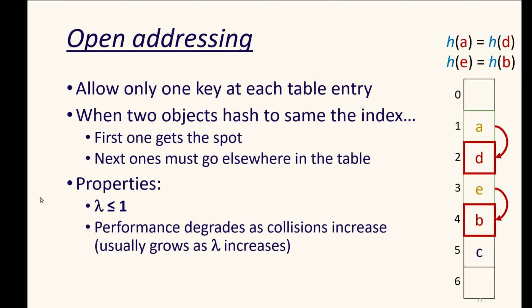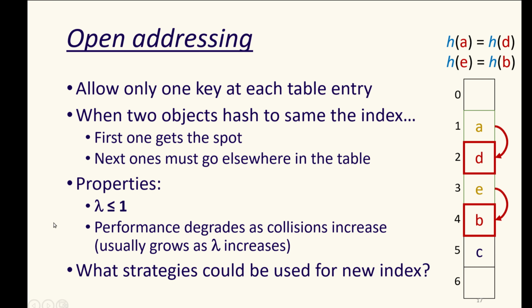And then the problem is thinking of a strategy to find that new index. When something else maps to index 1, what can we do to find a new index for it? And what problems will we encounter? For example, in this one shown here, now when something maps to index 2, it is filled with something that should have been a 1. And so we're going to encounter some difficulties with it.